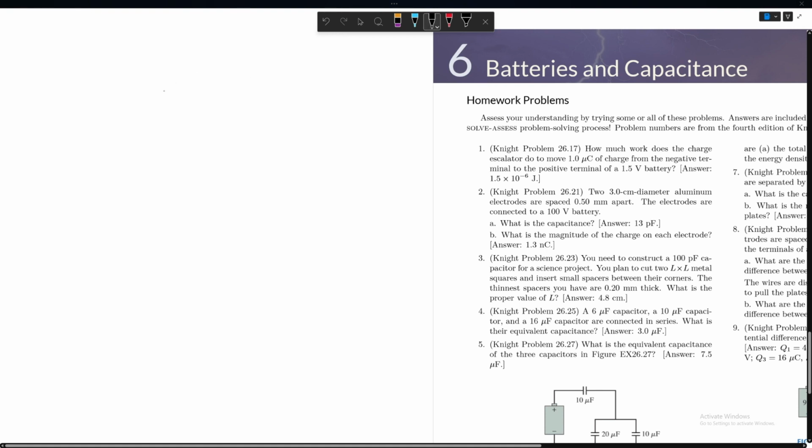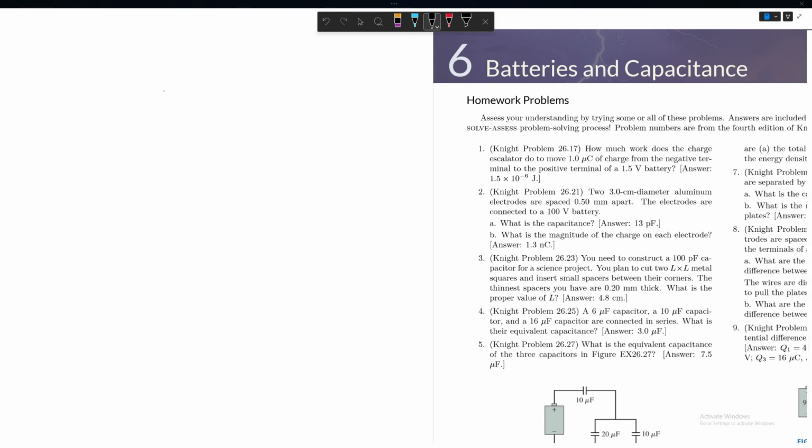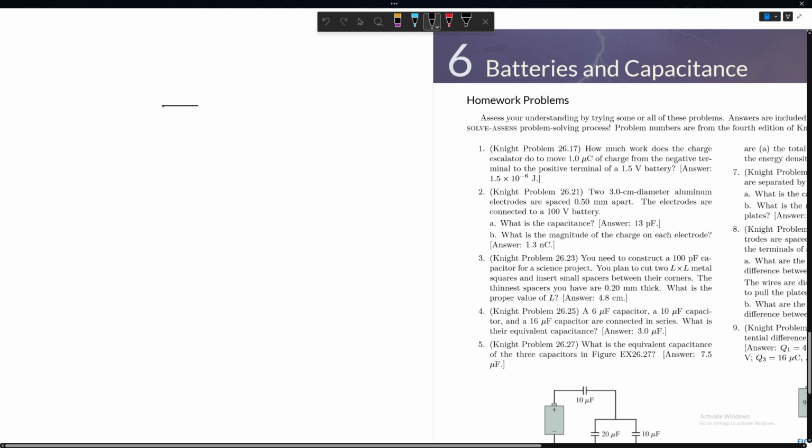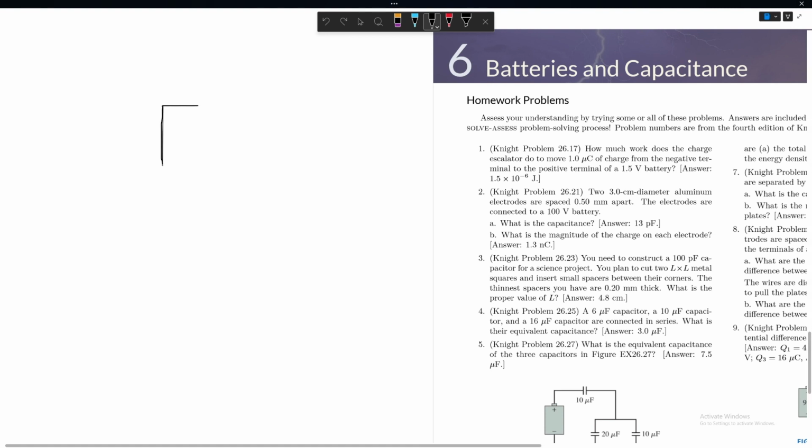How much work does the charge escalator do to move 1 microcoulomb of charge from a negative terminal to the positive terminal of a 1.5 volt battery? And so if I have a battery right here, that's my little battery, and I have a negative terminal and I have a positive terminal.